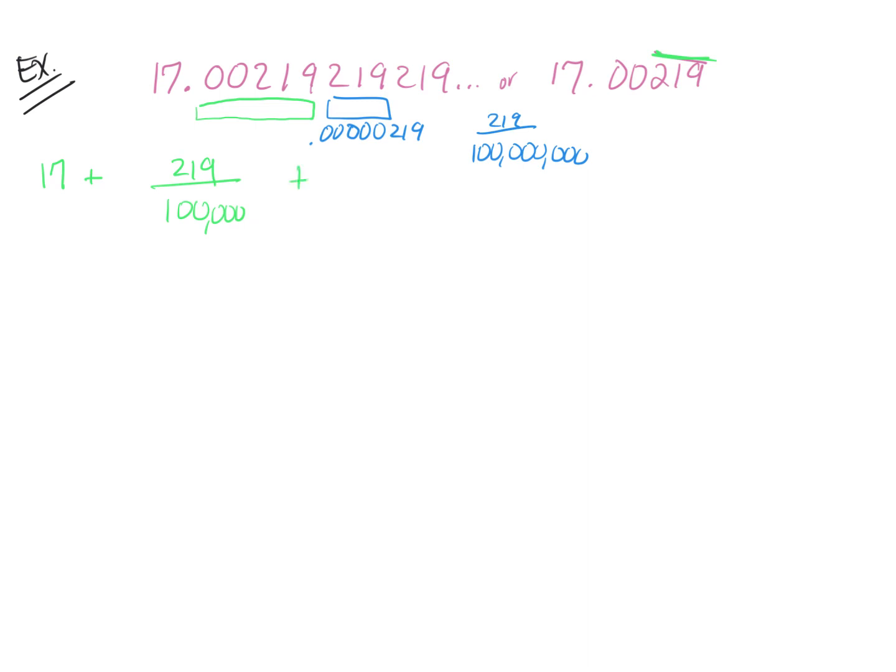So if we think of that in terms of a fraction, that's 219. The question is, what did this denominator get multiplied? It currently has 5 zeros. Here it has 8 zeros. So it must have been multiplied by 1,000.